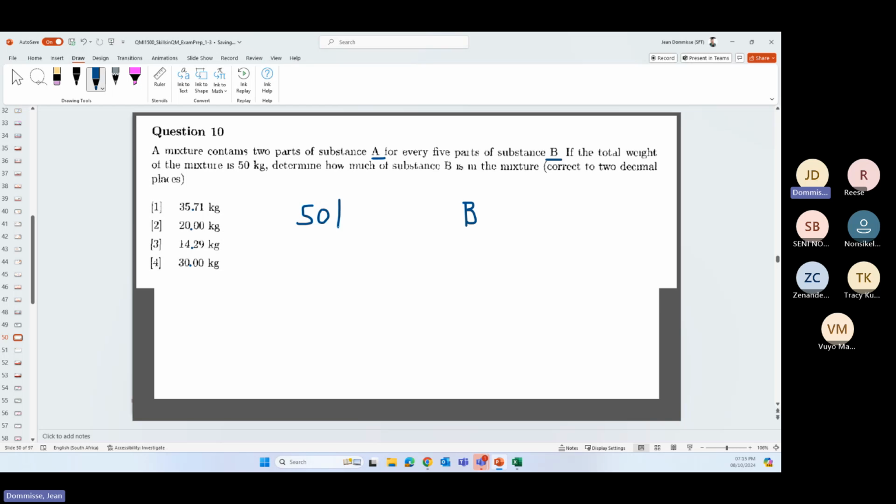So if there's 50 kgs, how much in the mixture is B?